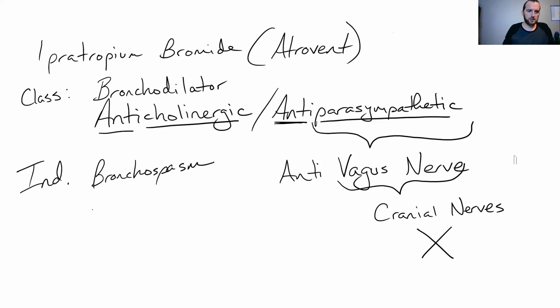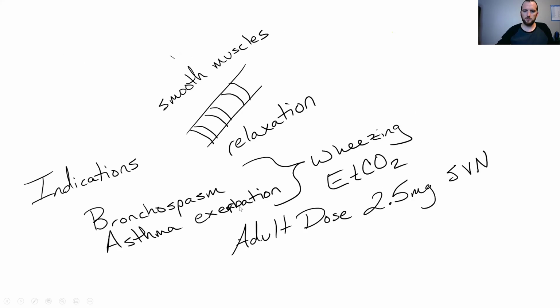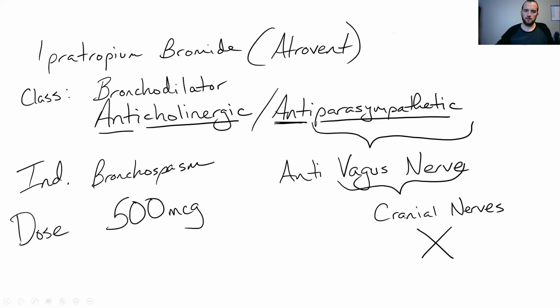All right, so indications are bronchospasm. Adult dose is 500 micrograms, mcg. So remember back to albuterol, it was 2.5 milligrams. Ipratropium bromide, Atrovent, is 500 micrograms.